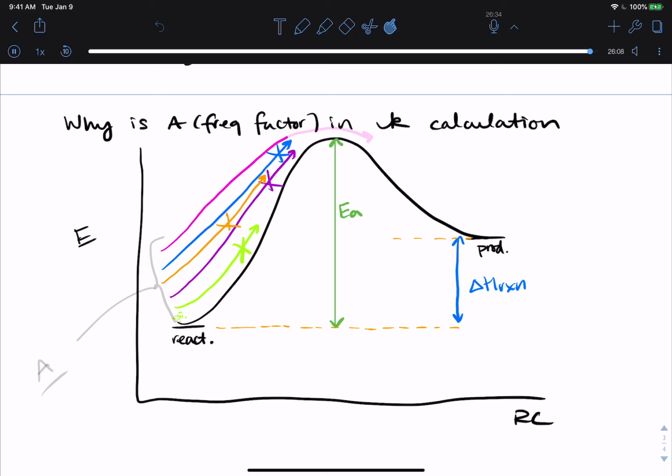They have enough energy, they have the proper orientation, and make it over the hill. So everything that's collected in all of these arrows represents the frequency factor, because every single time the reactants try to get over the hill, they aren't going to make it, which is why we include this in our calculation of the rate constant.